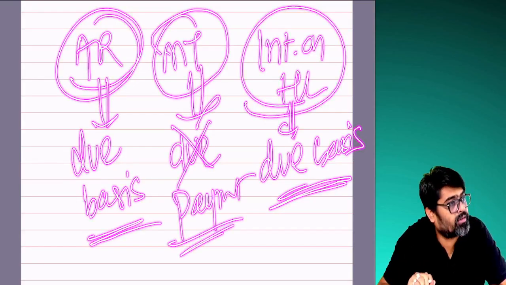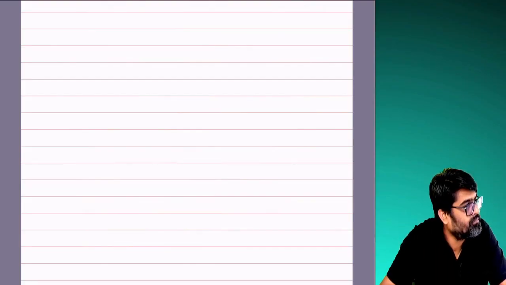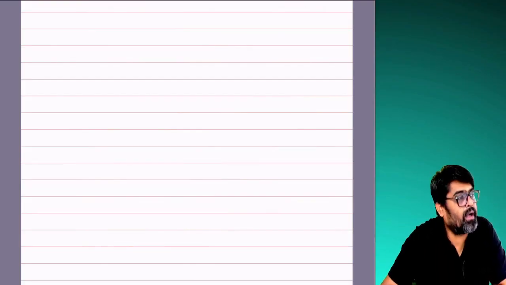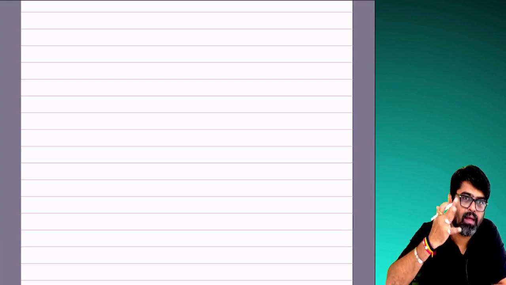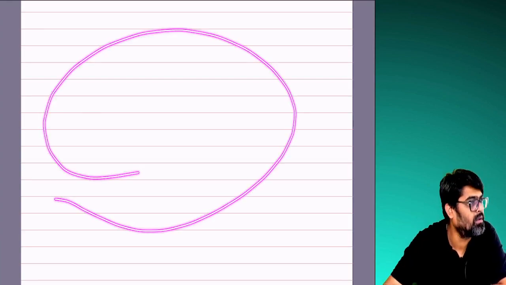Will you remember this? Go and ask this question to any of your friends: under the head house property, why are municipal taxes allowed on payment basis and why is interest allowed on due basis? What will they say? Because they will not know that logic, no?